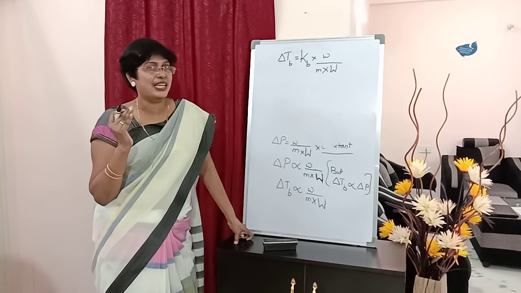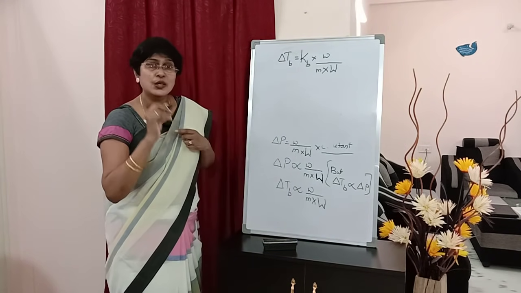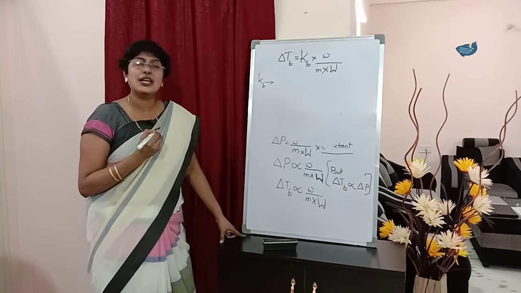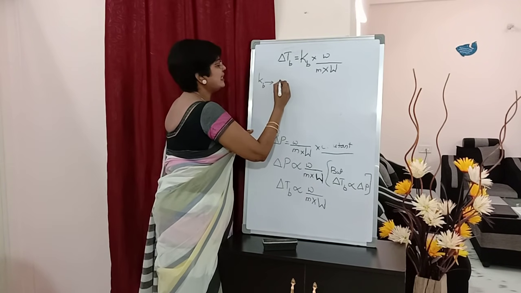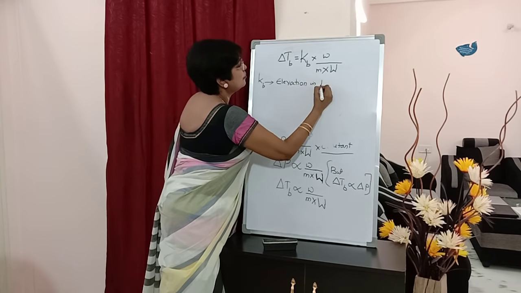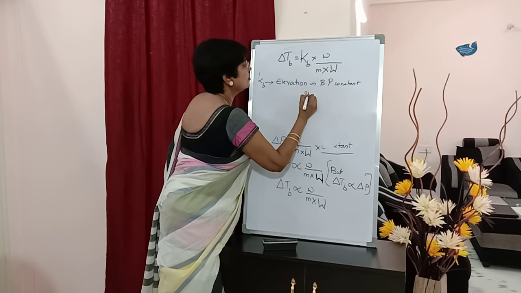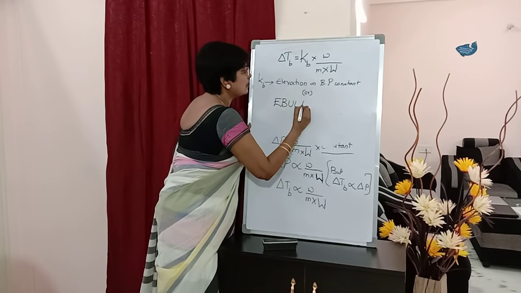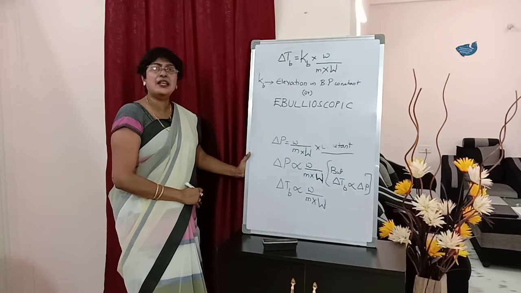Now what is this KB? It has got a very special name. Write down, students, where KB is called as, what is the name of the colligative property? Elevation in boiling point. So it is called elevation in boiling point constant or ebullioscopic constant. Spelling, students, don't make spelling mistakes.